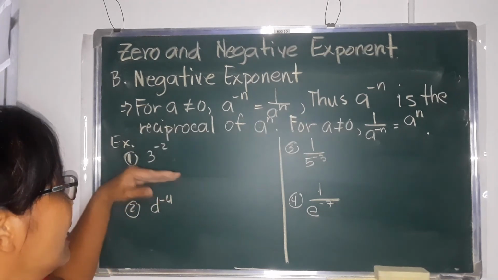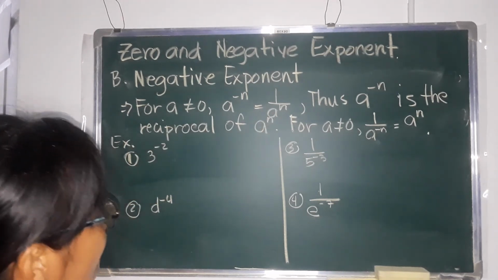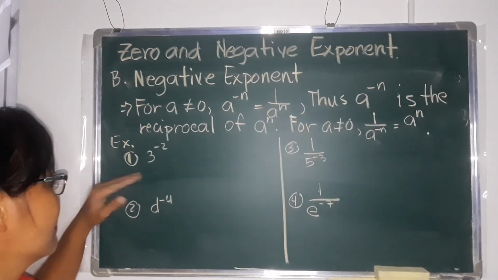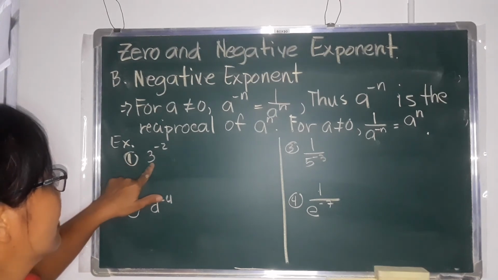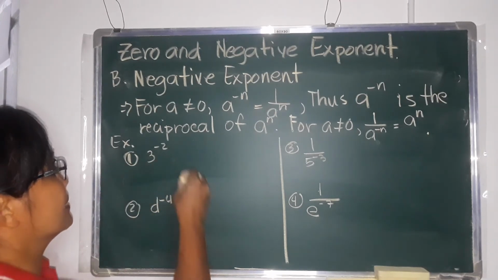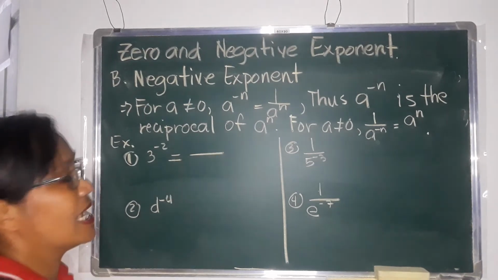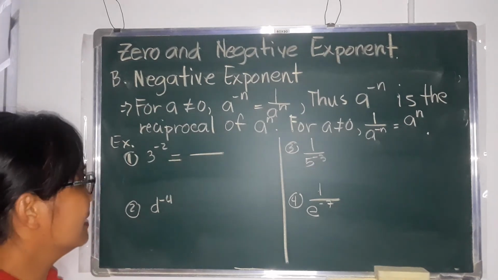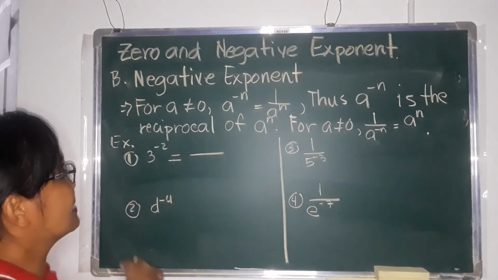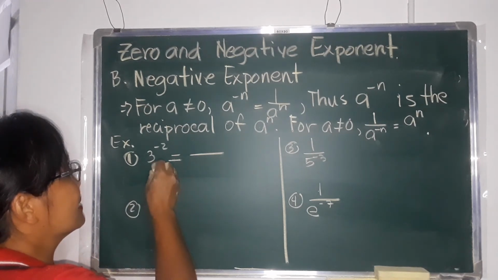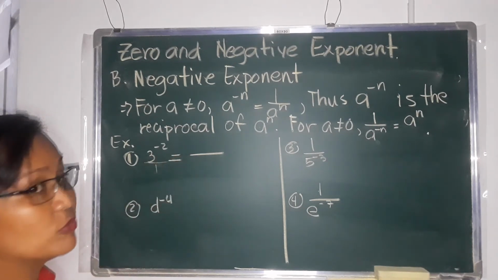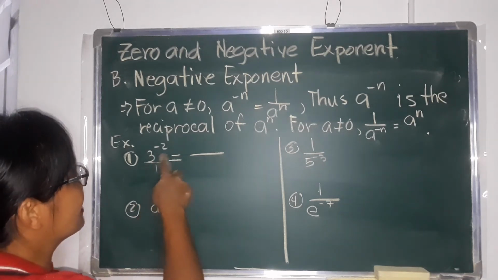So, to understand the lesson well, we're going to discuss some examples. Number 1, 3 raised to negative 2. Simply make a bar line. Since we need to get the reciprocal, this is over 1, right? So, get the reciprocal.